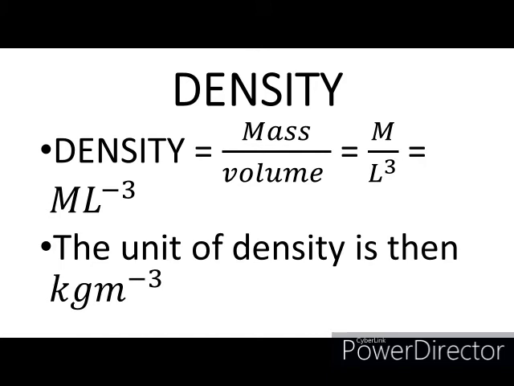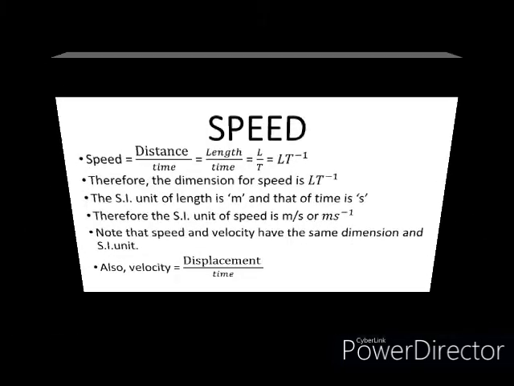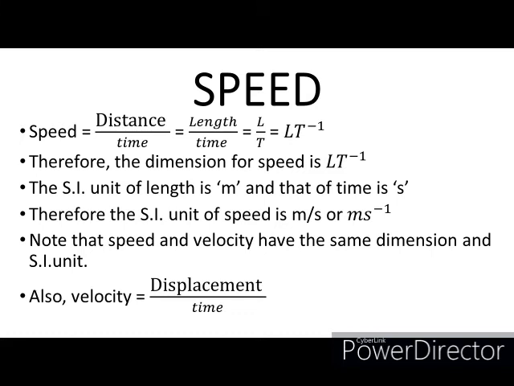So I'm going to show you how we can get the dimensions for some derived quantities. For example, speed. Speed is distance over time. And you know that distance is a way of representing length. So in other words, I could write it as length over time. Don't confuse this, please.